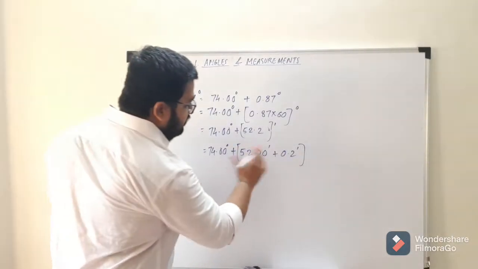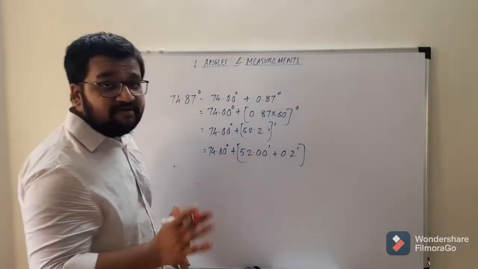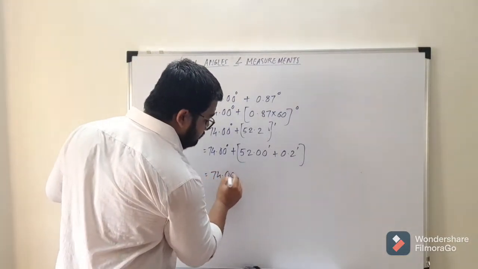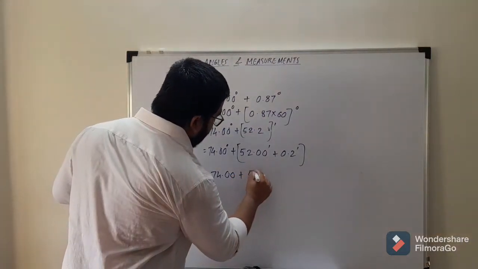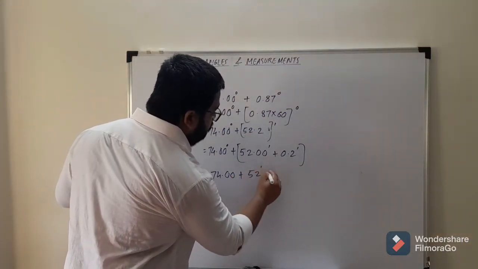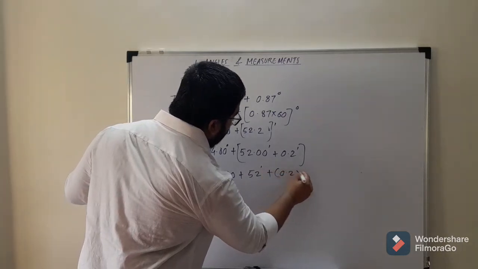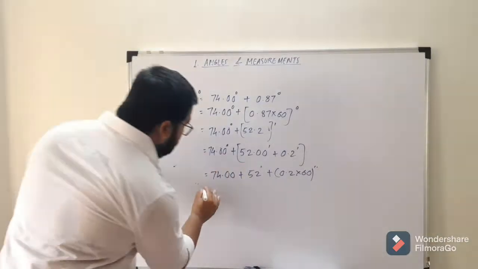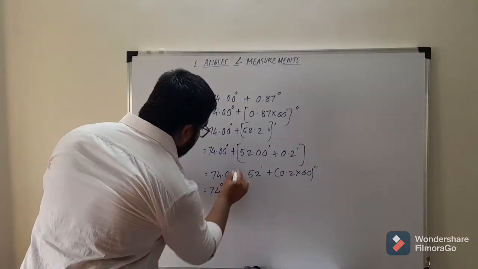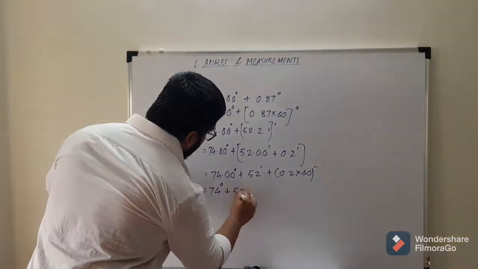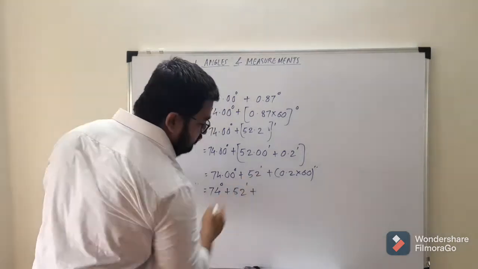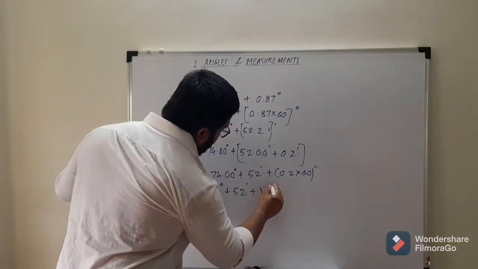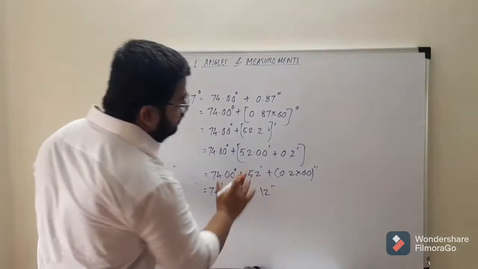Again we'll multiply this 0.2 minutes by 60 to get the seconds measurement. So it is 74 degrees plus 52 minutes plus 0.2 into 60, which is 12 seconds. Seconds are denoted by a double inverted comma.